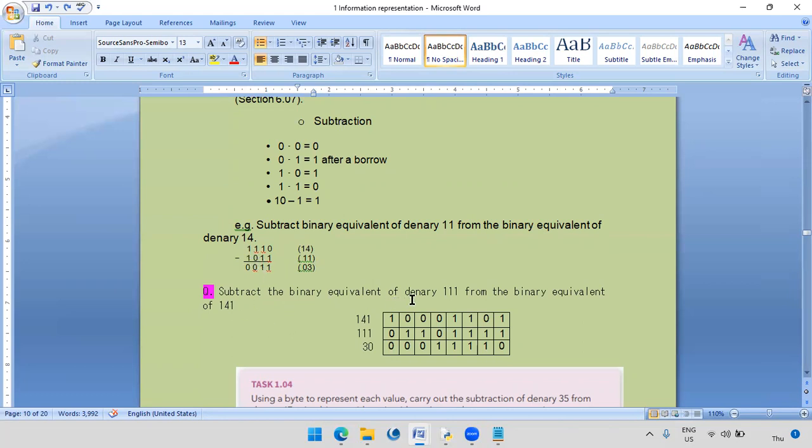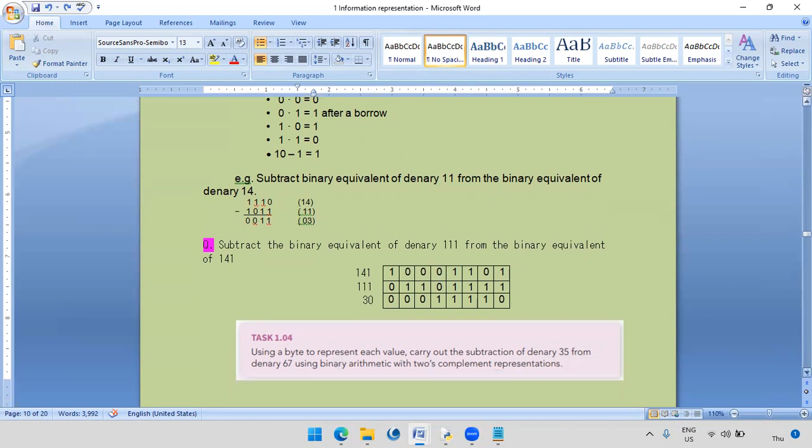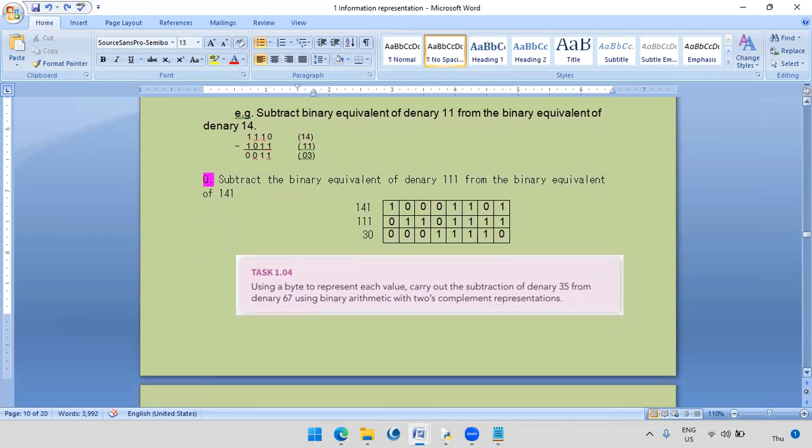But subtract the binary equivalent of denary 111 from the binary equivalent of 141. So this is also okay. 141 minus 111 is 30. So is this 30? 1, 2, 4, 8, 16. 16 plus 8, 24 plus 4, 28 plus 2 is 30.